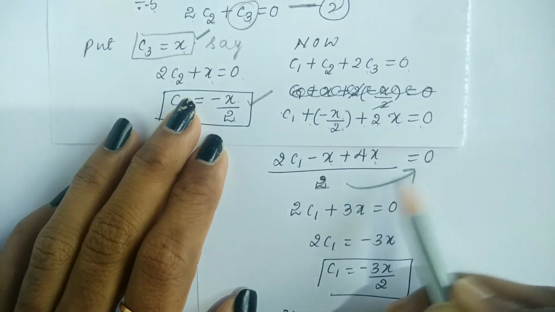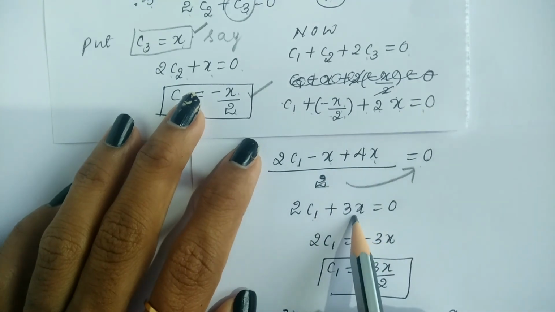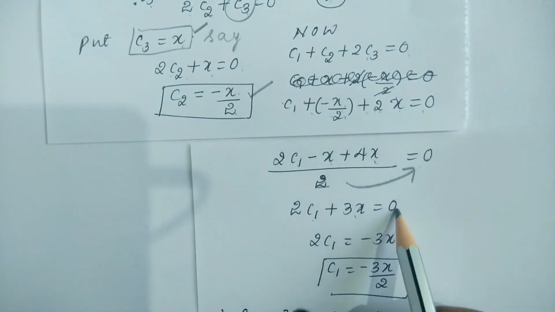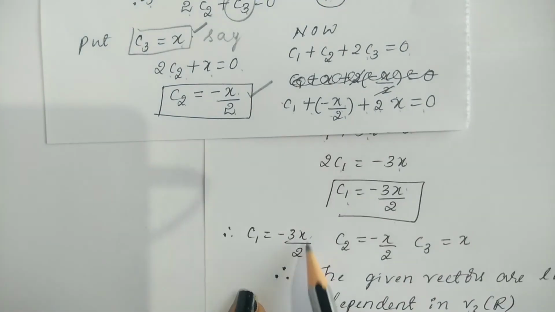By cross multiplying, 2 into 0 is 0. So 2C1 plus 3X is equal to 0. 2C1 is equal to minus 3X. So C1 is equal to minus 3X by 2.